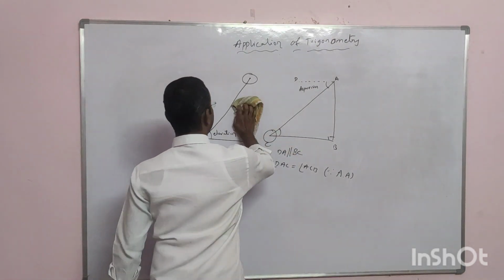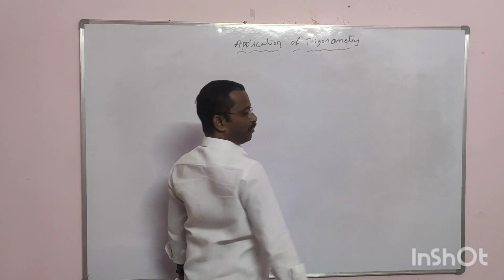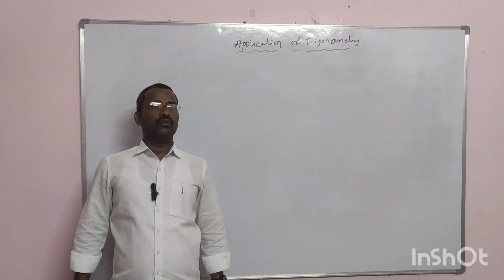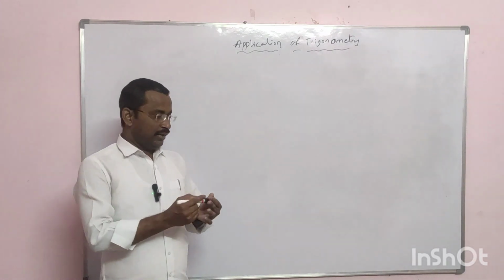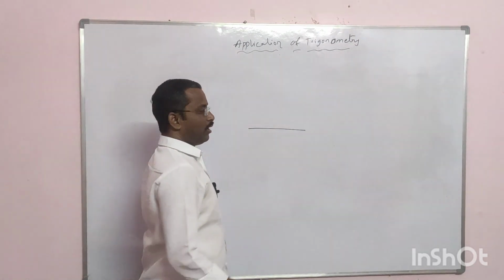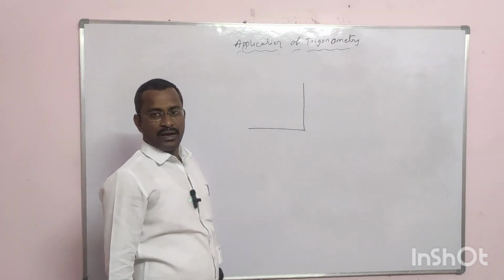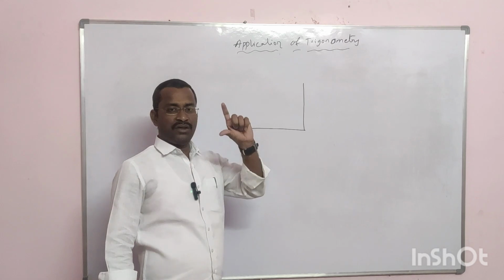For example, if he says a ladder is placed against the wall, making an angle of 30 degrees, whose length is equal to 10 meters. See, as usual, know that this is your ground. The wall is compulsorily perpendicular, no doubt about it. It's common sense. And the ladder, you will always place slanted to the wall, never straight.